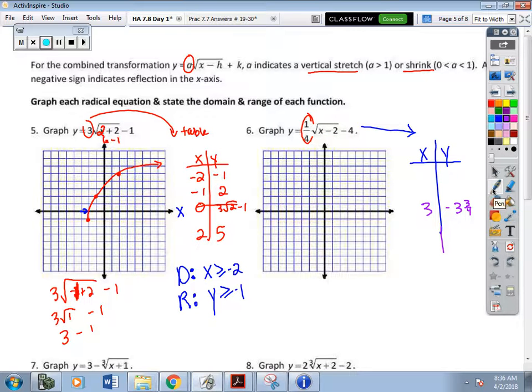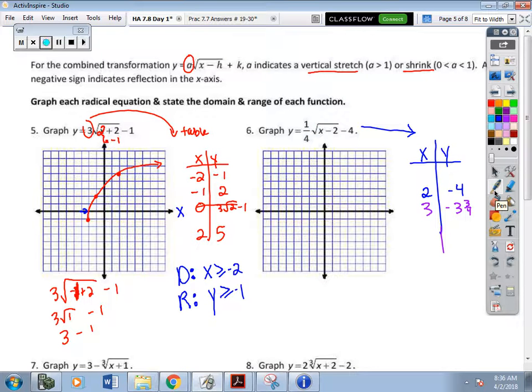We can think of another good number to plug in. Sam? 2. 2 minus 2 is 0. The square root of 0 is 0. 0 times a fourth is 0. And 0 minus 4 is negative 4. What's another good number to plug in?